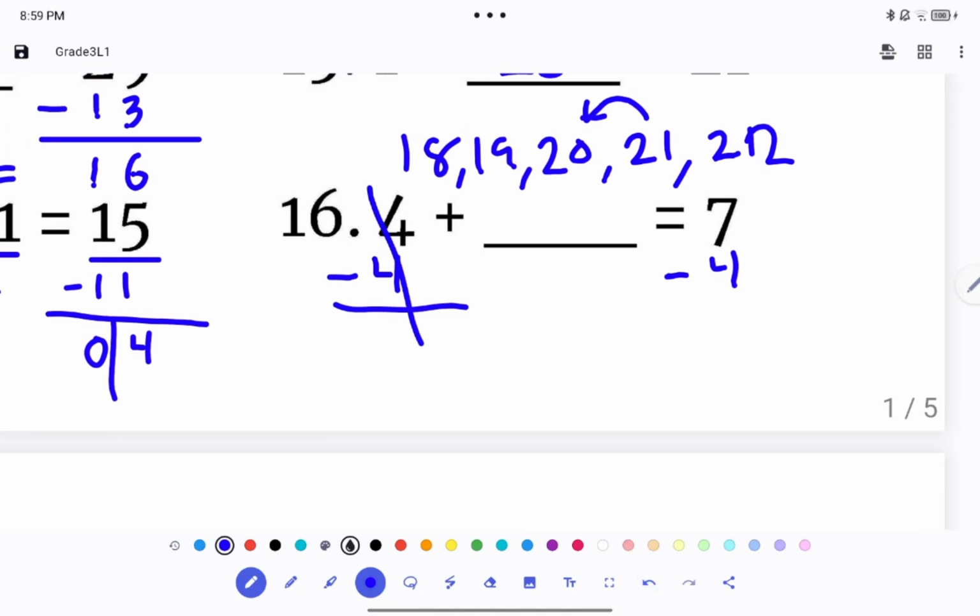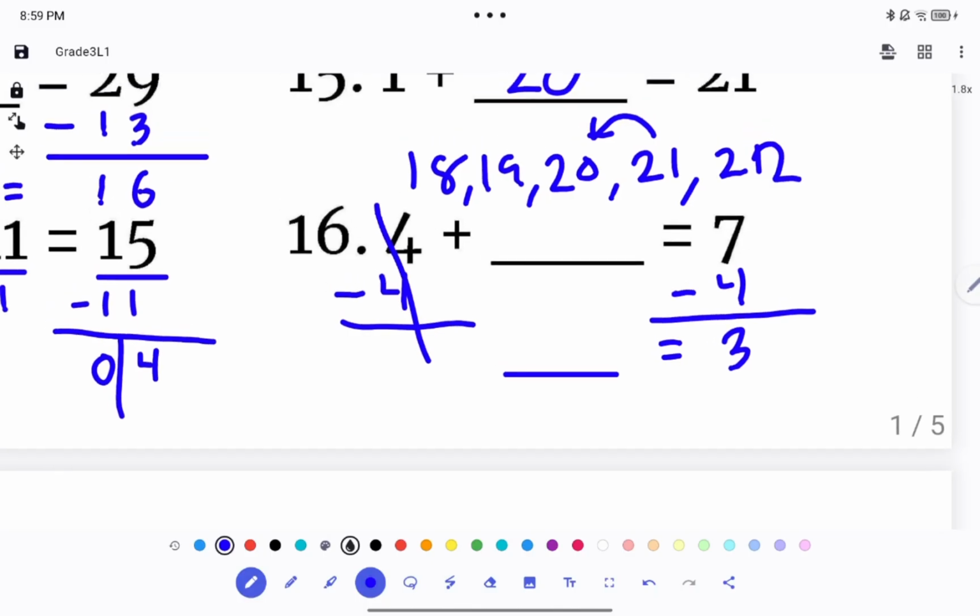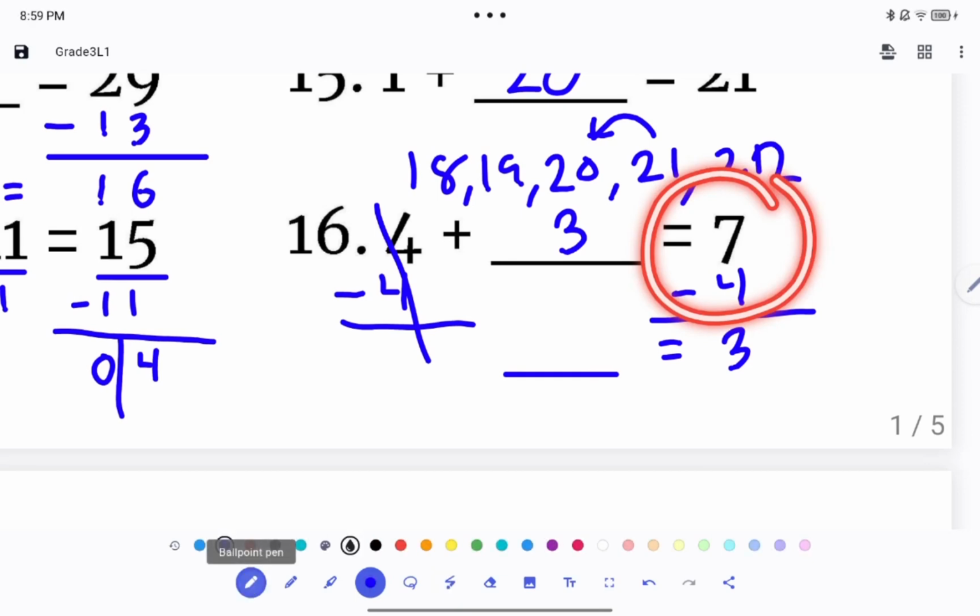Because 4 minus 4 is 0, so we can just completely ignore this addition because 0 plus anything is itself. So we move on to this side, which is 7 minus 4, which we find out is 3. So this unknown number is equal to 3. And bada bing bada boom, you have 4 plus 3 is equal to 7.